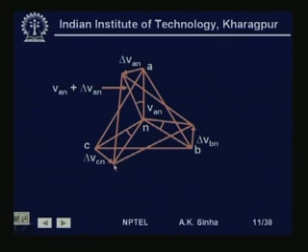So, now the new voltages A dash, B dash and C dash will be these points, and we see that though there may not be a large change in the magnitude, the angle of these phases has changed, that is, A dash is now leading A by this angle theta.